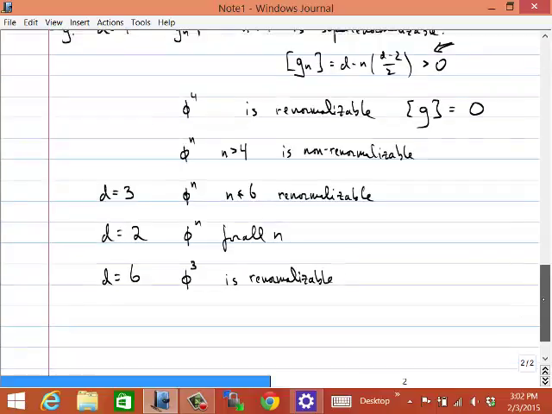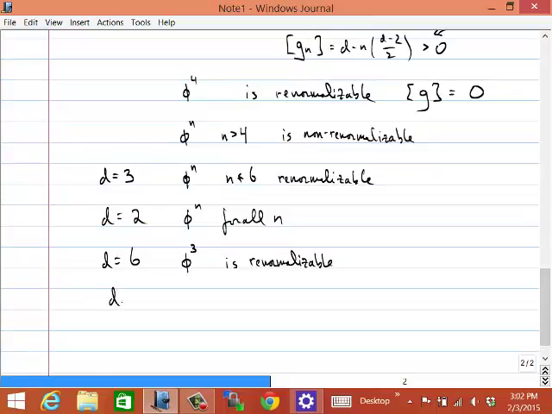And then if you go to higher dimension, d bigger than 6, there are no renormalizable interactions. So all of the interactions where you have some non-trivial interaction, that is to say not just the kinetic term, are going to be non-renormalizable.